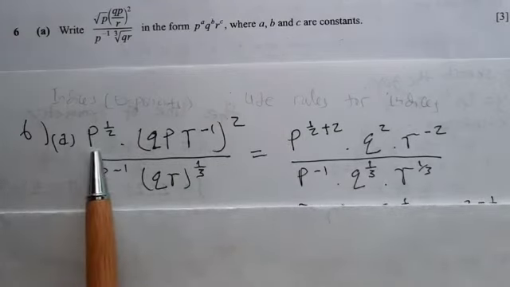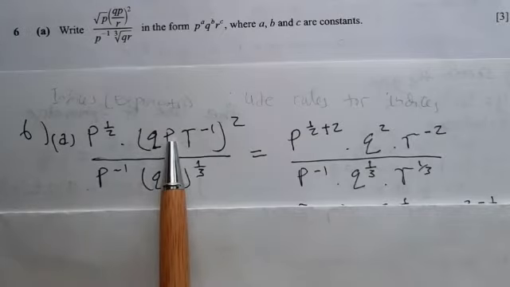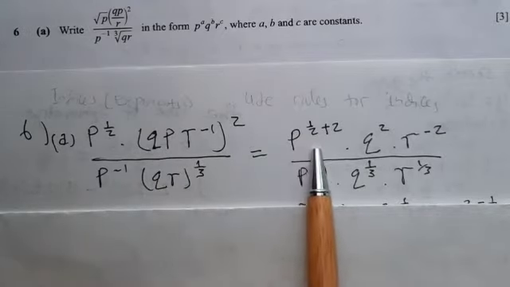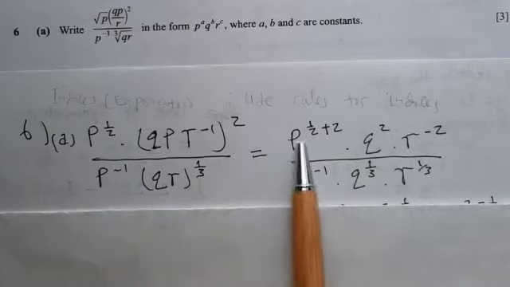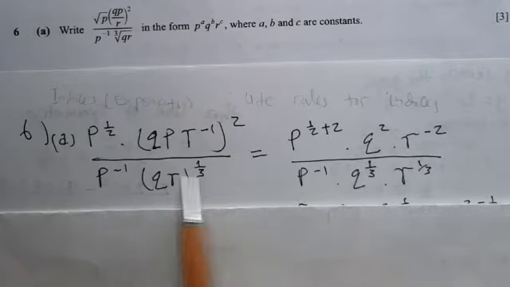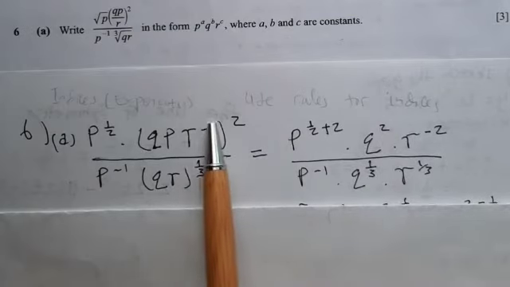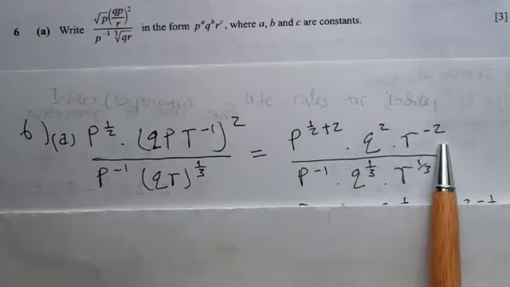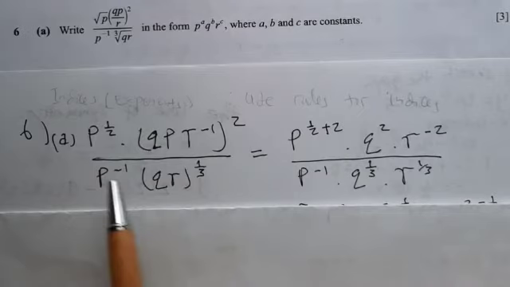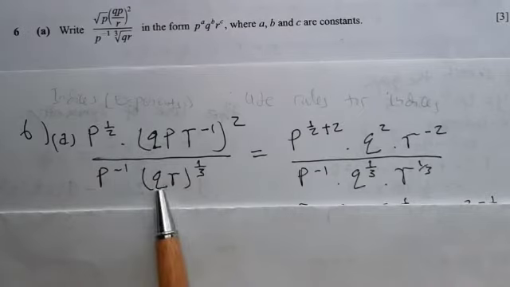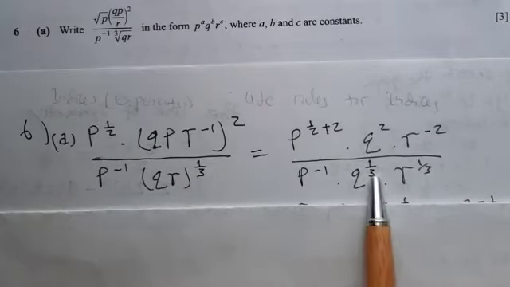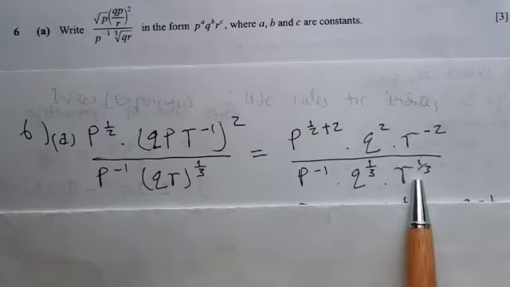Now in the numerator, p power half times p power 2, thus p power half plus 2, times q squared, and r power minus 1 squared, thus r power minus 2, divided by p power minus 1 times q power 1 over 3 times r power 1 over 3.